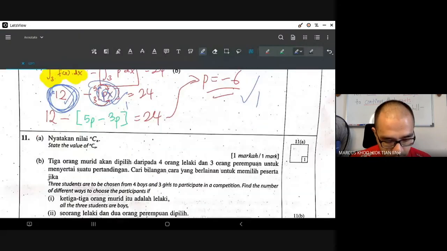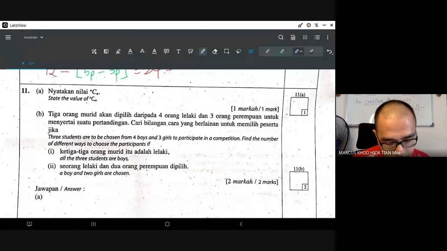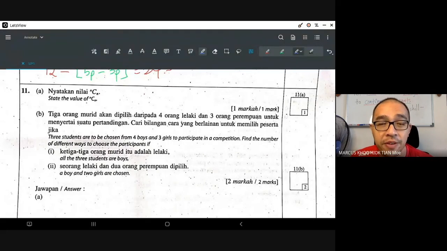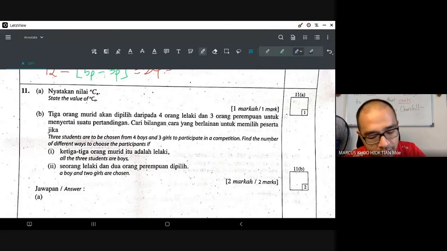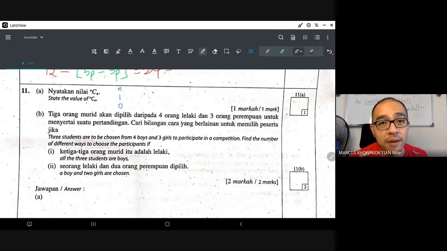Okay, we still have time. Let's look at 11a. State the value of nCn. If I do a poll on this, I know the answer is 1, but a majority of people akan pilih n.